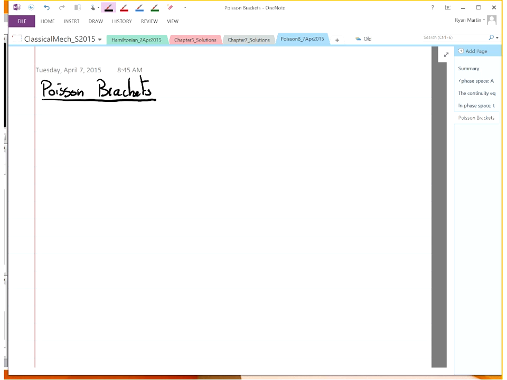In quantum mechanics, there's a deep relationship between these commutators and ultimately what you know as Heisenberg's principle. Things that don't commute have a Heisenberg uncertainty principle associated with them, basically.